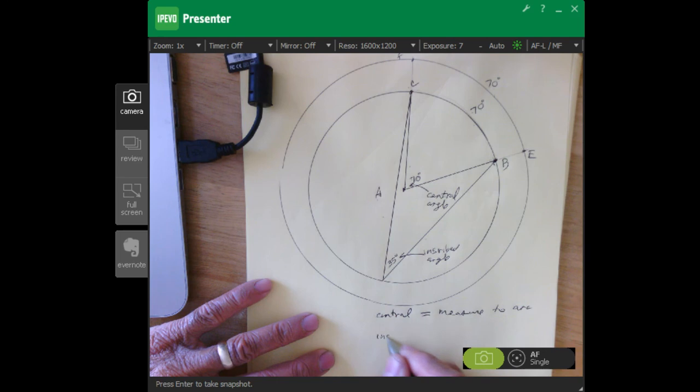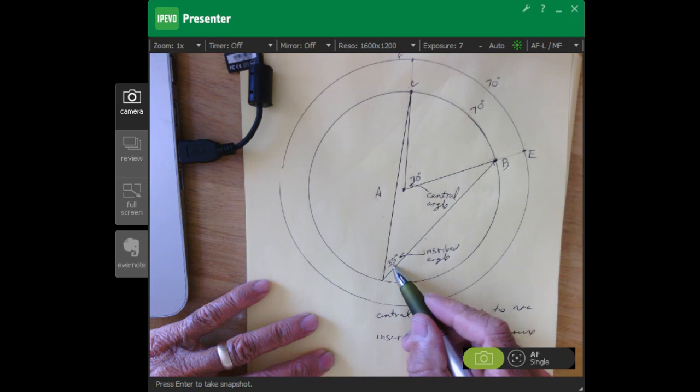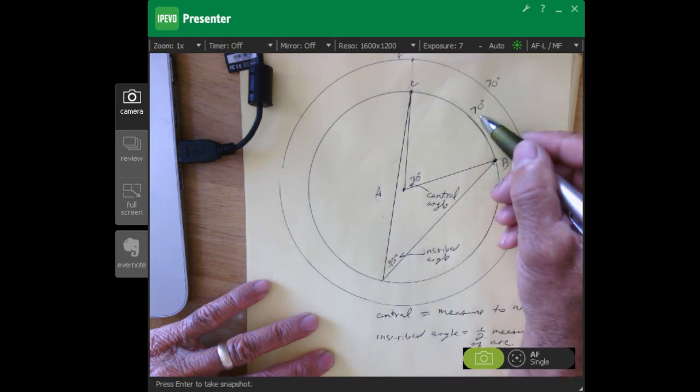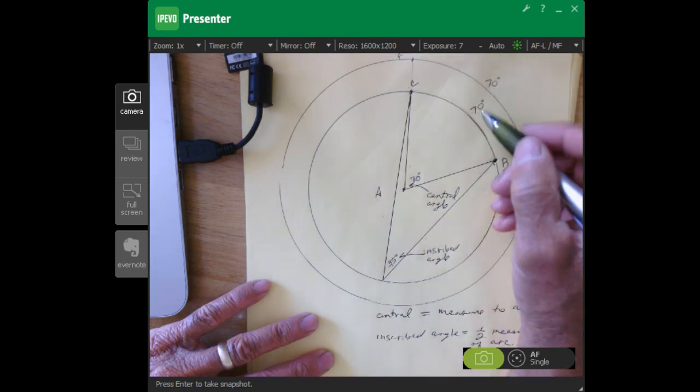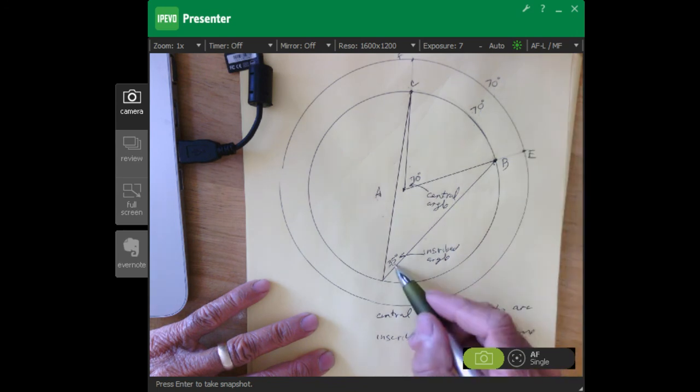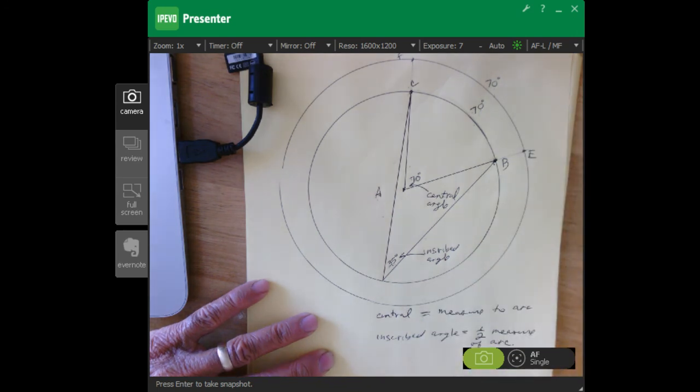The inscribed angle is 1/2 of the measure of the arc. So 35 multiplied by 2 gets 70. Or if we know the arc measure, 70 divided by 2, 35. Okay?